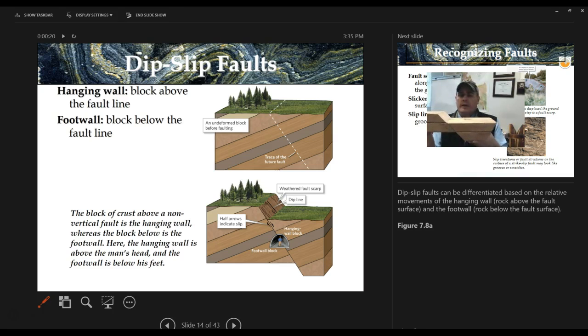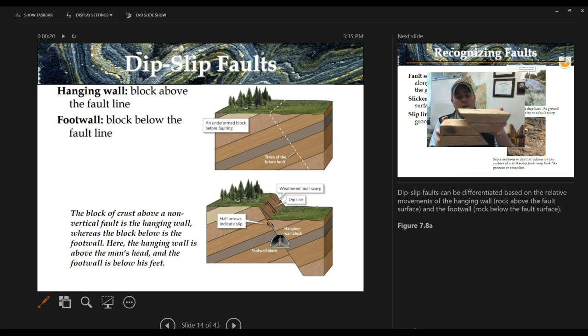That's often for divergent boundaries or something like that. Now, if I go the opposite direction, where the hanging wall has now gone up relative to the footwall, or the footwall has gone down relative to the hanging wall, we call that a reverse fault. When the hanging wall goes up, it's a reverse. When the hanging wall goes down, it's a normal.